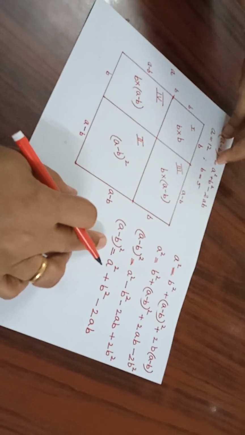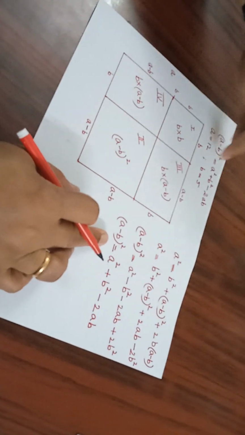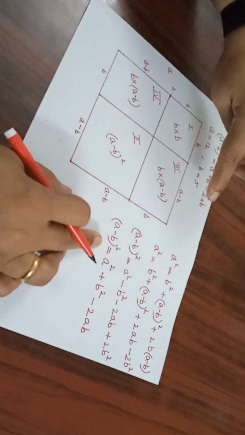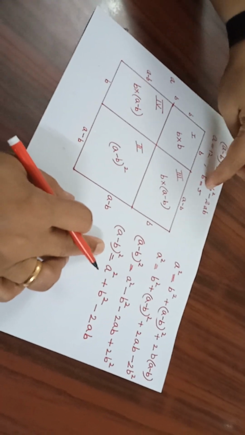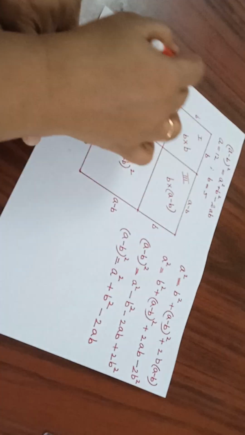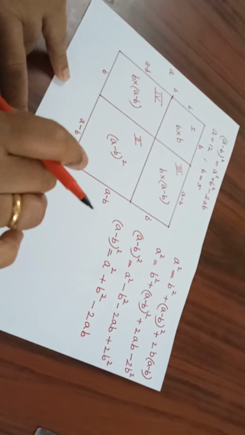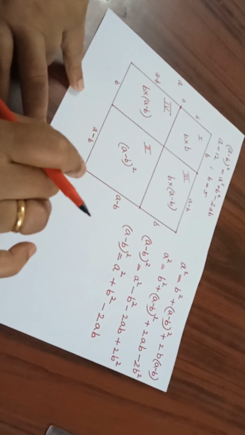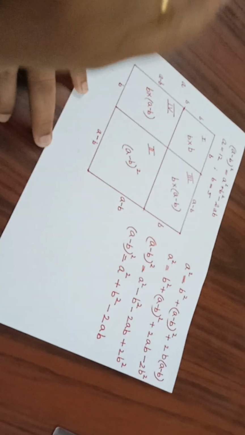The area of (a minus b) the whole square is nothing but a square plus b square minus 2ab. So we got it now. An identity is nothing but a statement that is true for all values of the variables on both the left hand side and the right hand side.